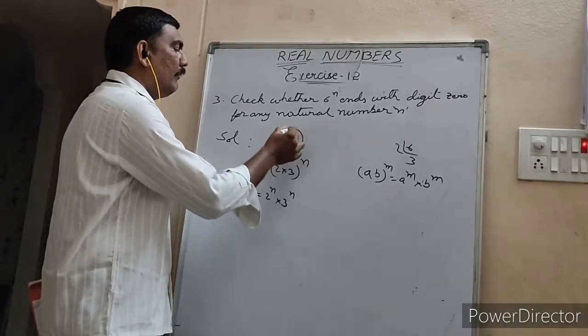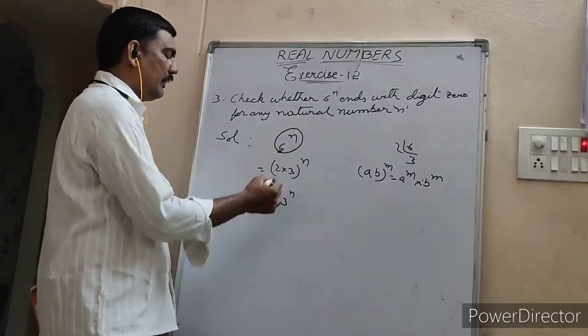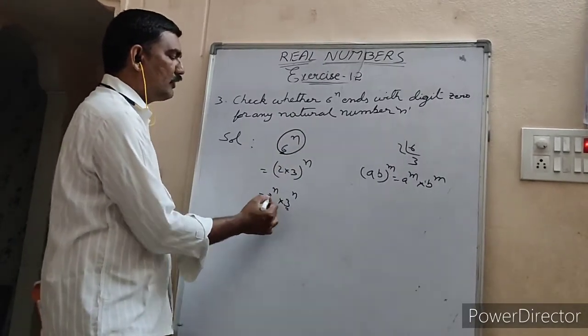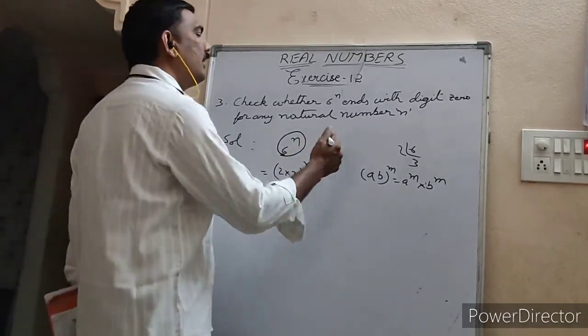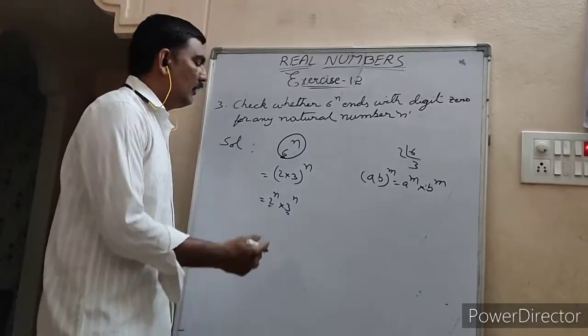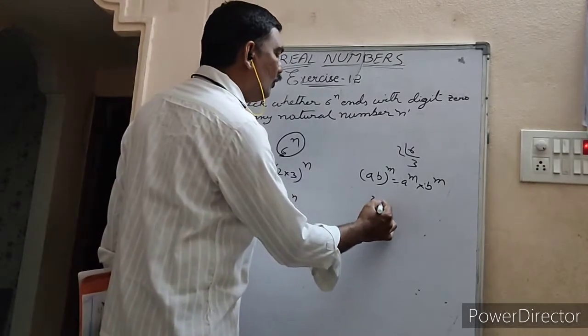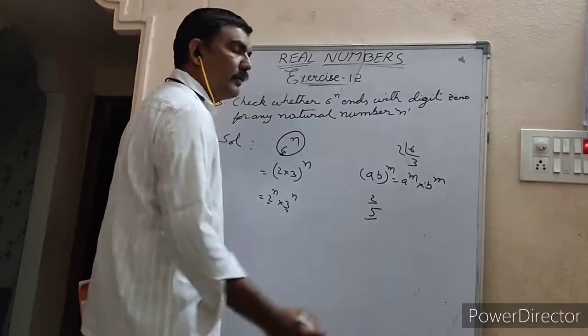So the prime factorization of 6 power n has factors 2 and 3 only. To get 0 in the units place, we need a 2 and a 5.